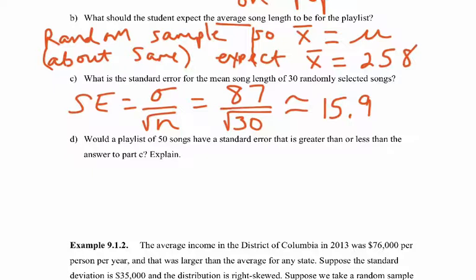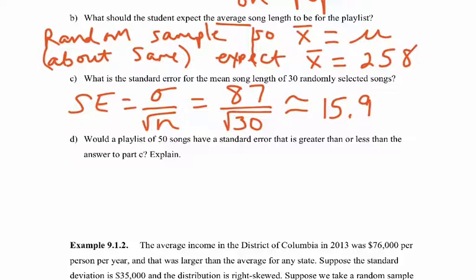What does that mean? That means from one song to the next, the fluctuation we expect is around 15.9 seconds. Some are higher, some are lower, obviously, but we expect them to fluctuate by about 15.9 seconds. Part D says, would a playlist of 50 songs have a standard error that is greater than or less than your answer to part C? Just think mathematically.